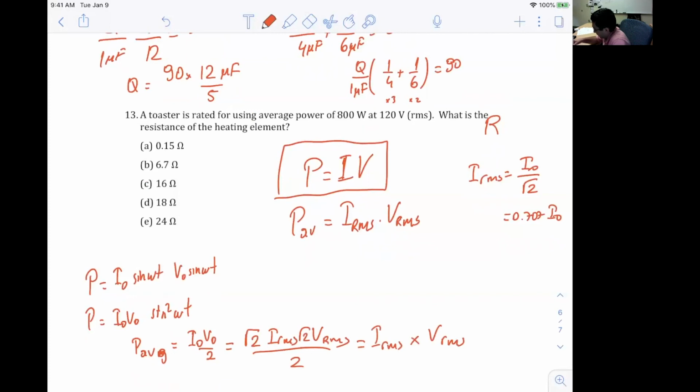So then you can write I in terms of V and resistance. I is V divided by R. So R is going to be V squared divided by 800 watts. So you have 120 squared divided by 800.